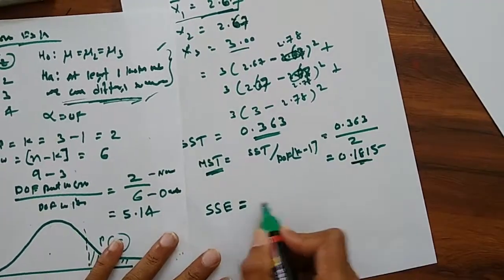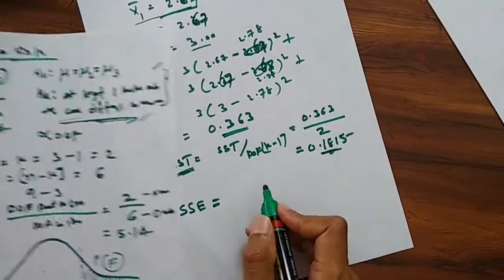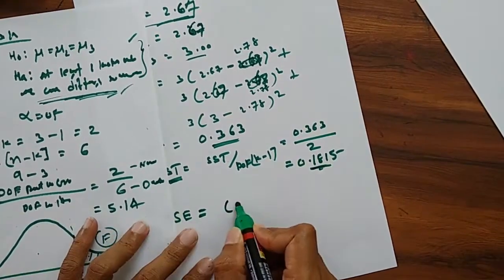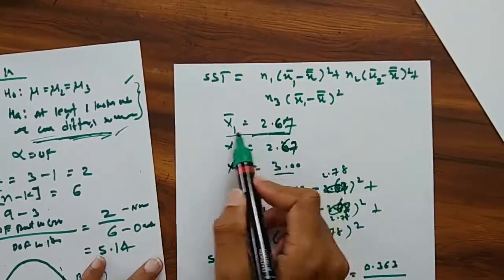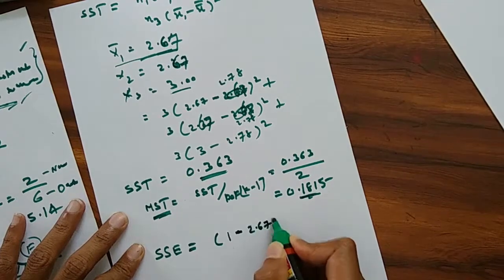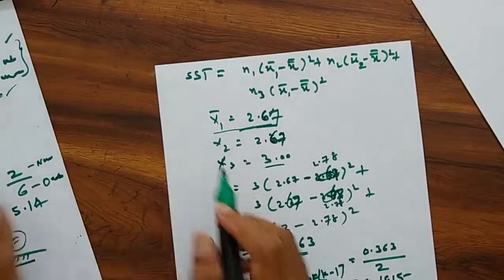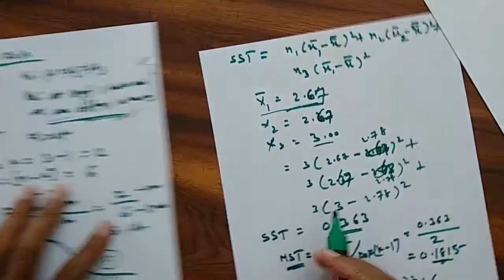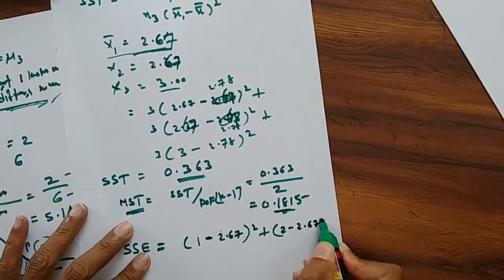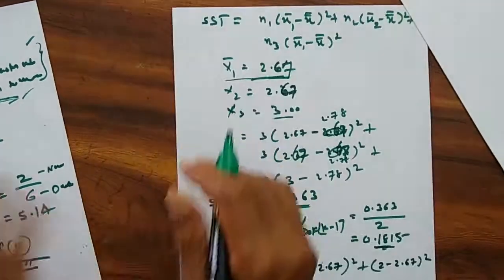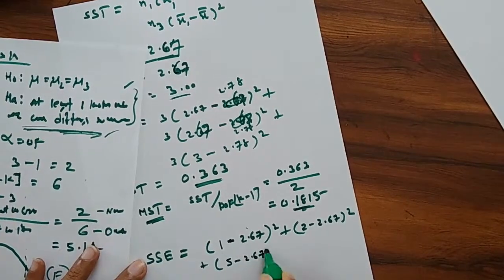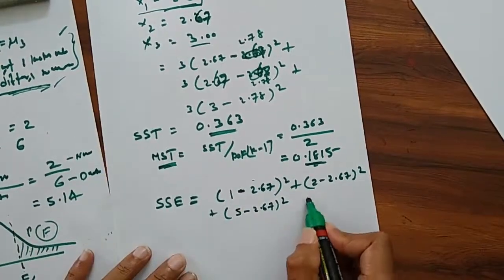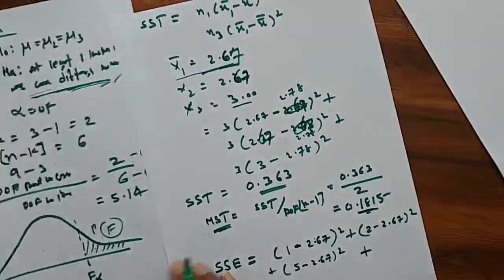So for SSE, our first xi is 1 minus the first sample mean 2.67, whole square, plus the second number, 2 minus 2.67 whole square, plus the third number, 5 minus 2.67 whole square, plus we need to repeat the same for all the samples.